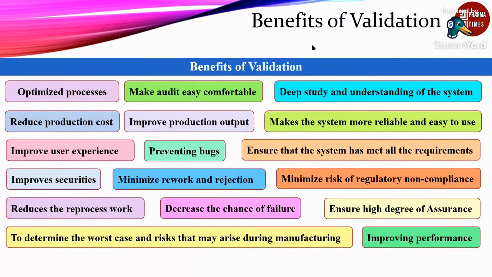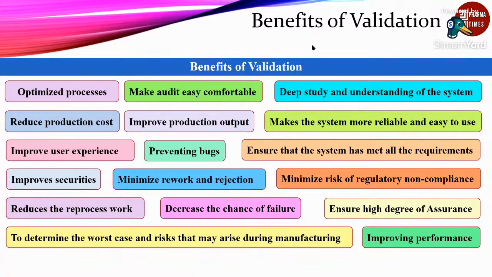You can do automated processes for production purposes. Improve production output with an automated system. It makes the system more reliable and easy to use, so anyone can understand the functionality and operate it. Improve user experience and prevent bugs.